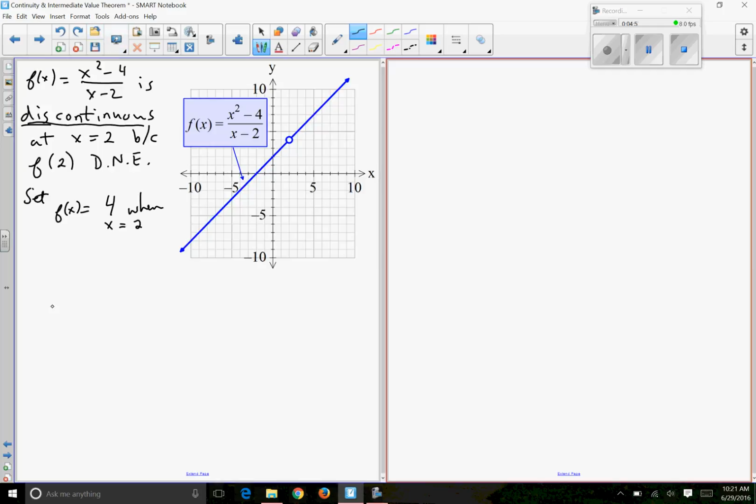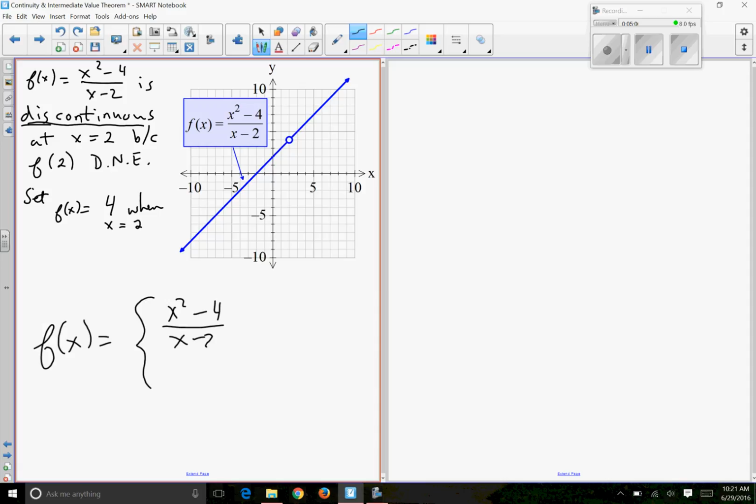In other words, if the function is rewritten like this, it is a piecewise function: make f of x equal to x squared minus 4 over x minus 2 if x is not 2, and make f of x equal to 4 if x is 2.